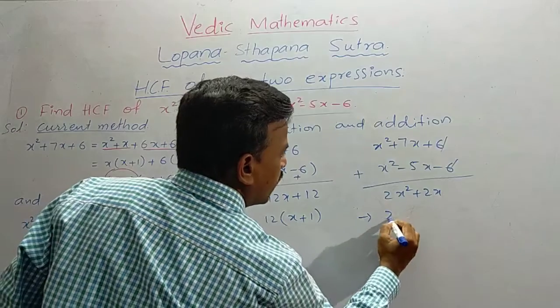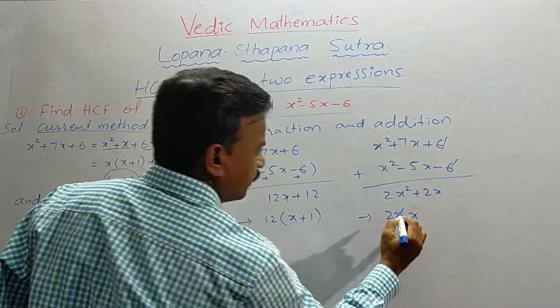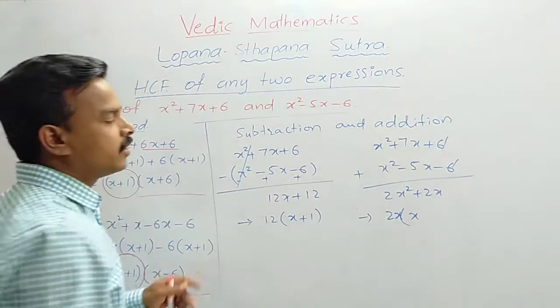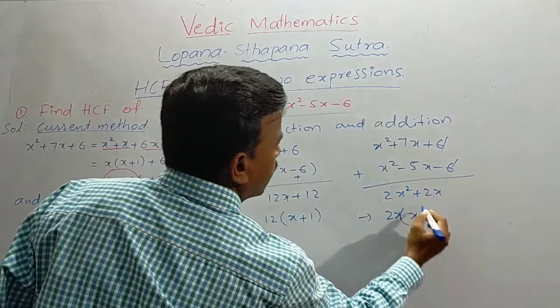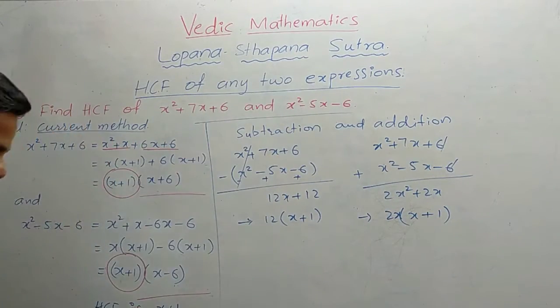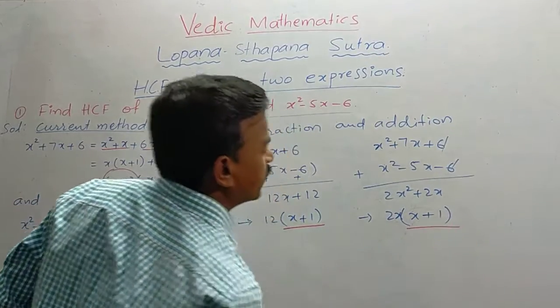From this take common 2x: here 2x square and here 2x are factors. So take 2x common, and x remains, plus 1. Now we got the answer.